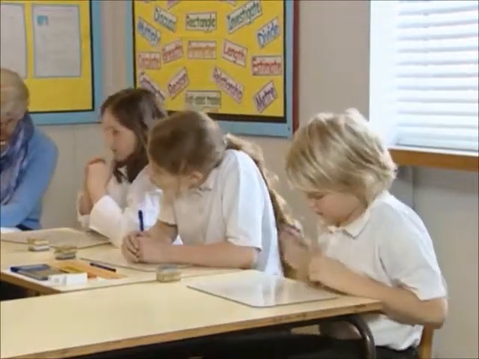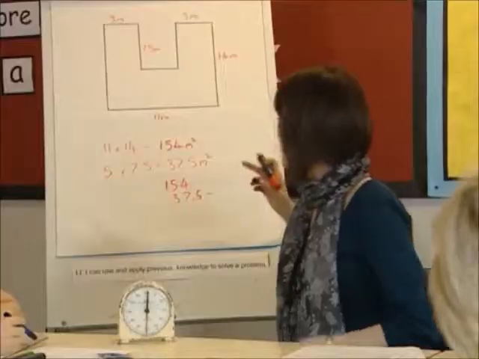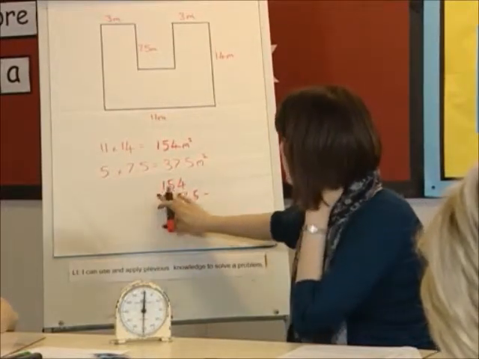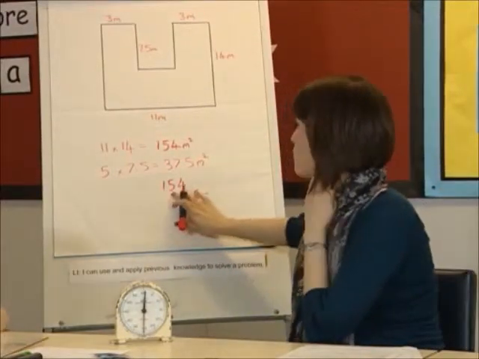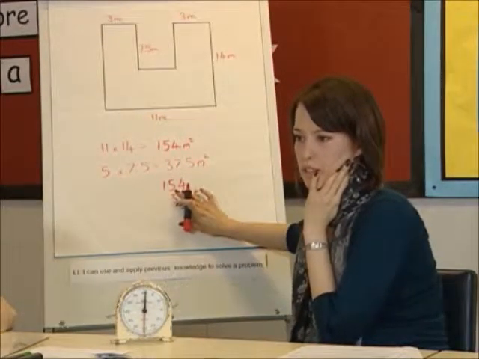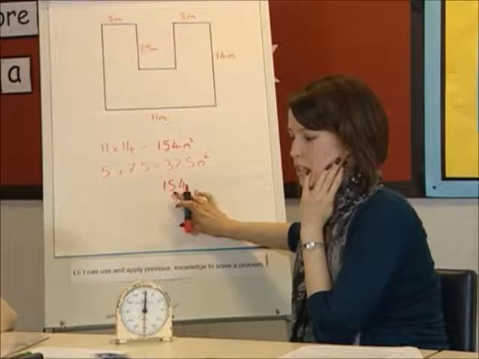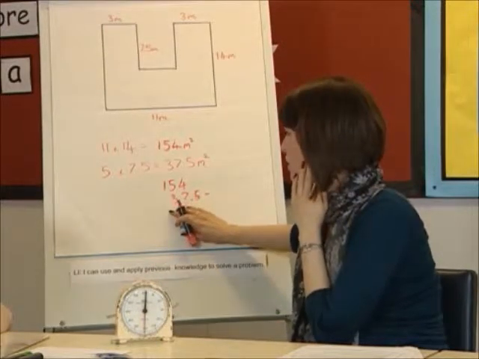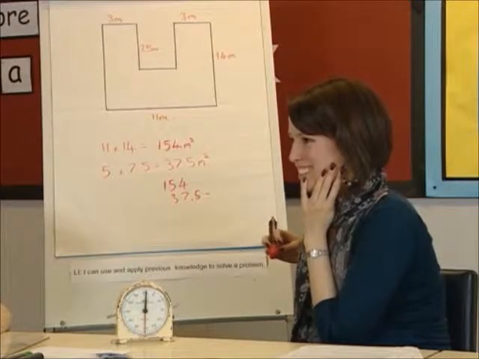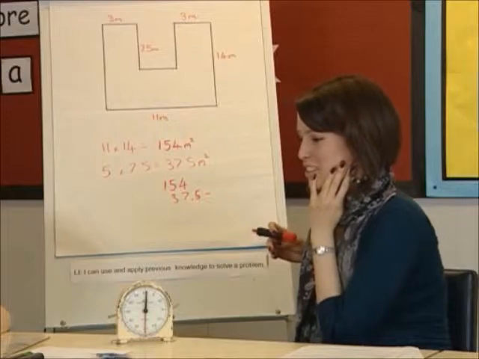So if we do it together, I've got 154, take away the 37 from 54, what does that give me? Take away 30. 117. 117?